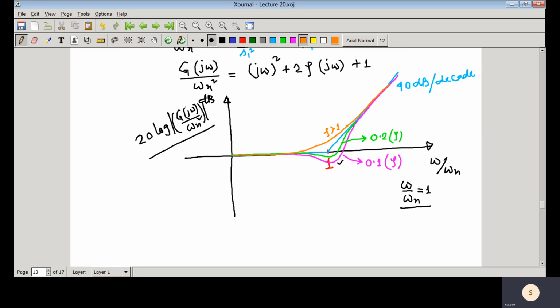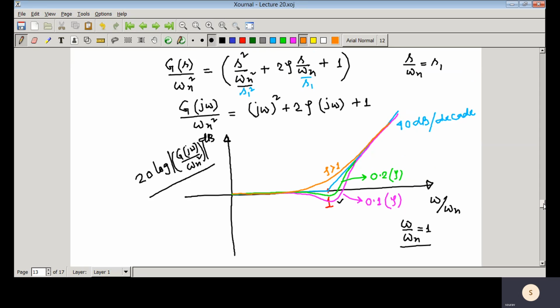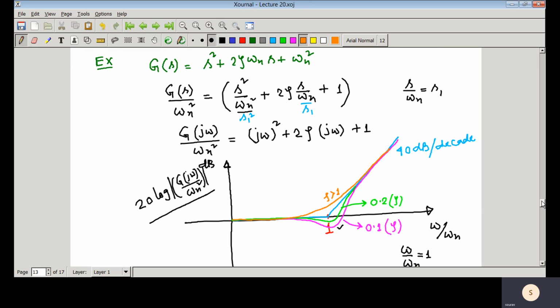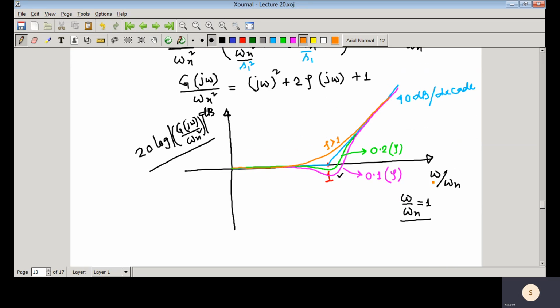So what we have seen here, that means whenever we have a second order term, we can represent it in normalized form that we have discussed in last class, and in the x-axis it is represented in the form of ω by ω_n, that is in scaling form, and in the y-axis it is 20 log of |G(jω)| by ω_n square.